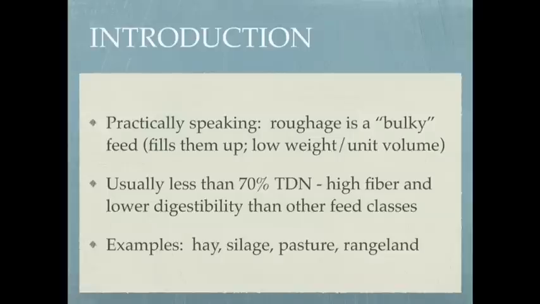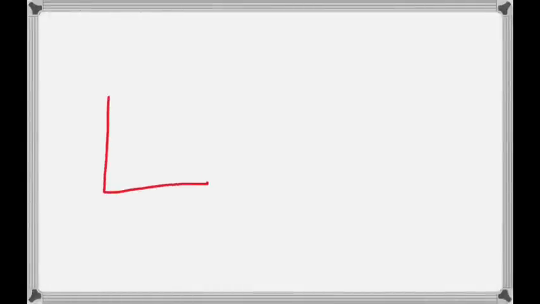When we talk about roughages, they're bulky. That means they take up space and don't have a lot of weight to them. Let's do an example. Let's see if I can draw this out here where you can actually imagine this. Say we have two bins that are relatively equal size.